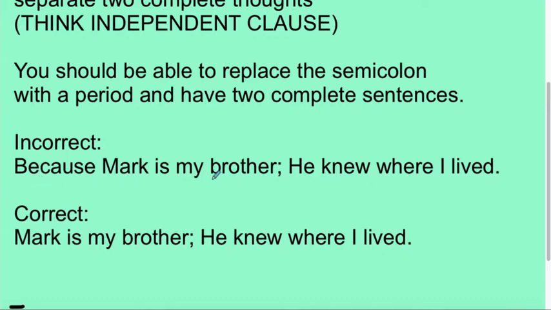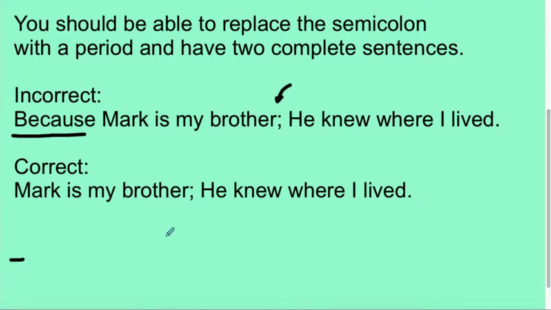Because Mark is my brother has that dependent clause marker, because, and it is not a complete thought. It can't stand alone as a sentence, so that semicolon could not be used. I could change the sentence to "Mark is my brother," getting rid of that dependent marker, "and he knew where I lived." And then I could use that semicolon in between them.